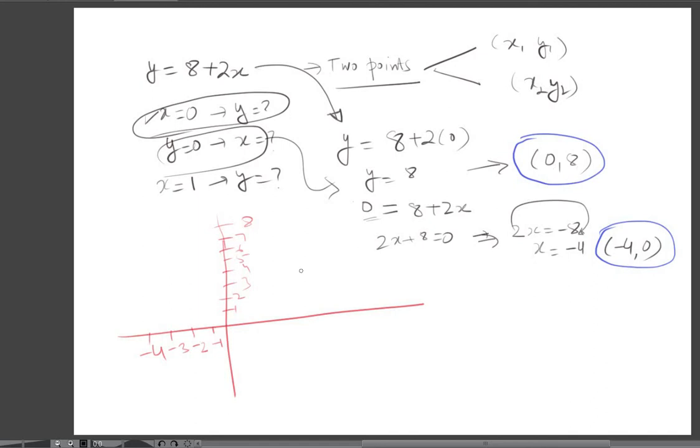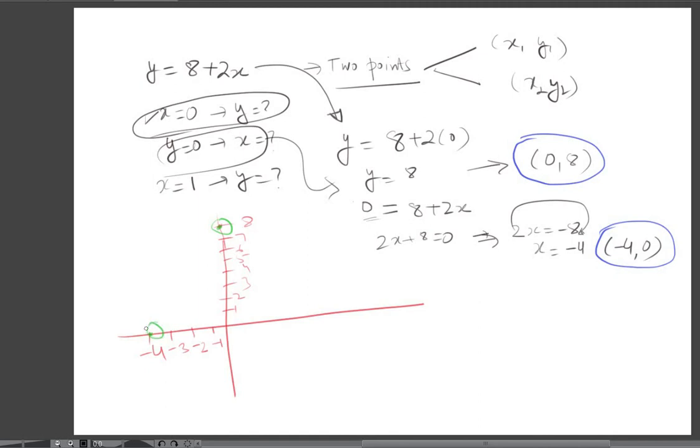Now what's the first point that I'm plotting? 0 comma 8. So what is 0 comma 8? Is that the point? Yes. Cool. So that's the point I'm after. First point. And my second point is negative 4 comma 0. So that means this point.